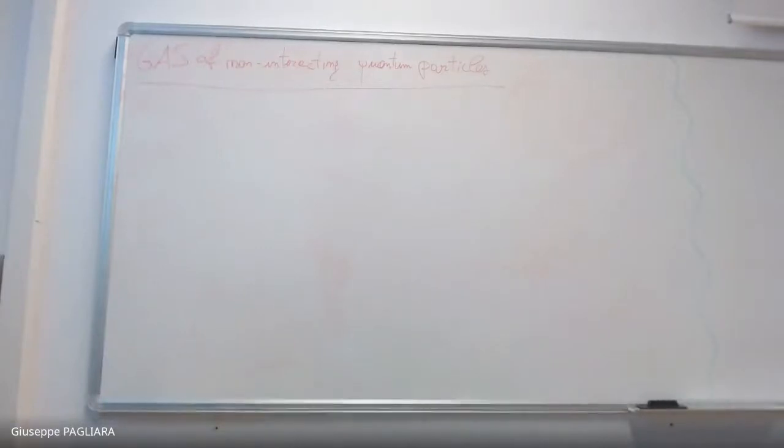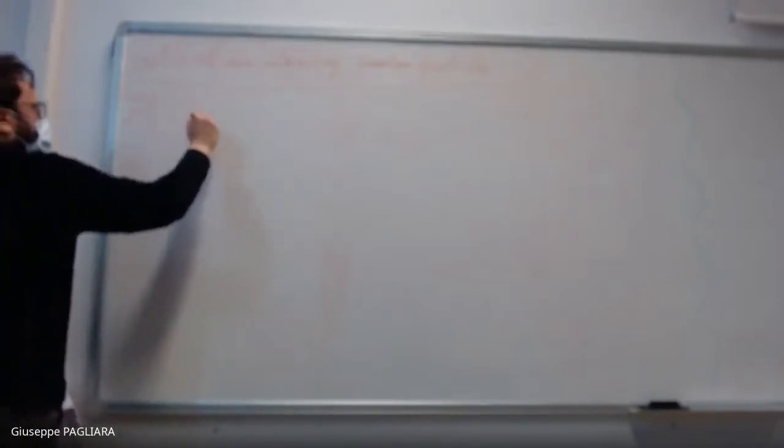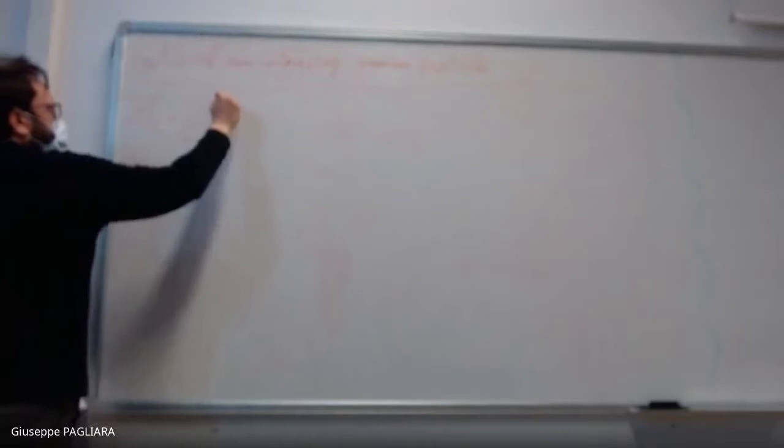Now, the canonical partition function working in the basis of the eigenstates of the Hamiltonian is equal to the sum over n of e to the minus beta E_n.